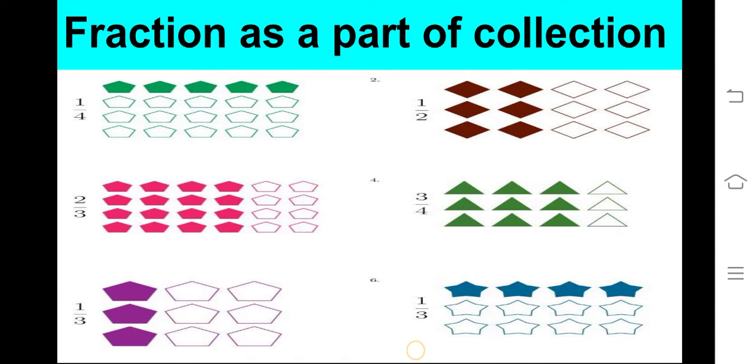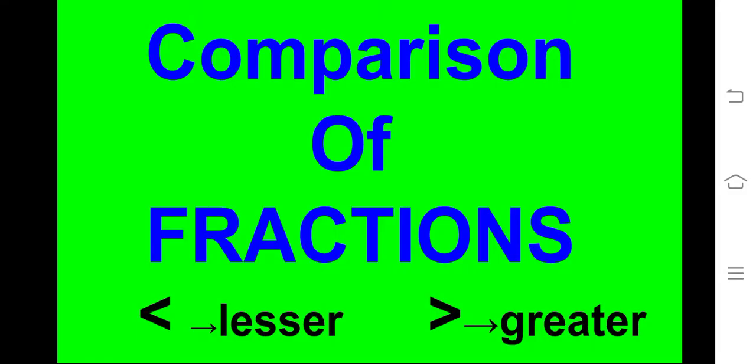4 is being colored. Now we are going to learn about comparison of fractions. We are going to compare them. We will use these signs called lesser and greater. This you have already learnt.